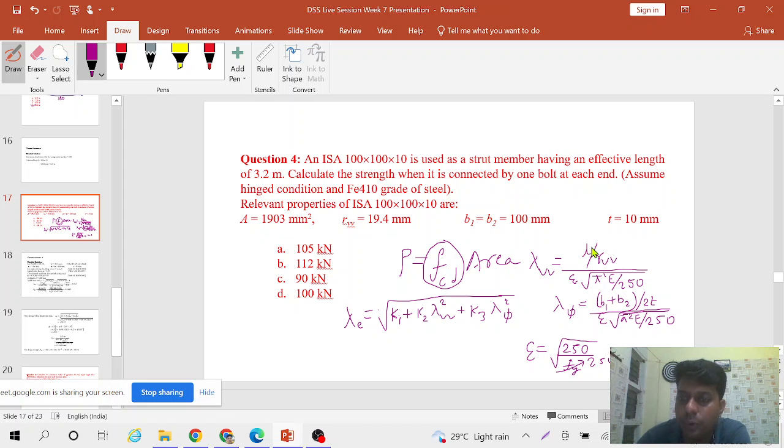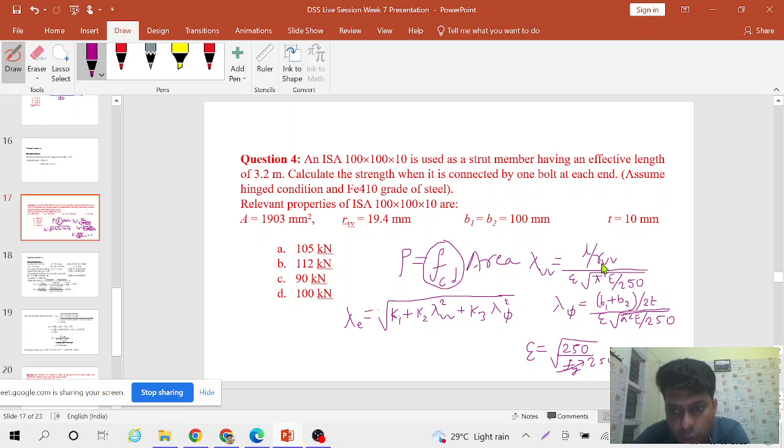So now put all these values and first of all report the value of lambda vv. Lambda vv is 0.1174. No, so it is coming wrong. What is the value of L you have taken? 3.2 into 10 raised to power 3, 3.2 into 1000. Okay, rvv 19.4.